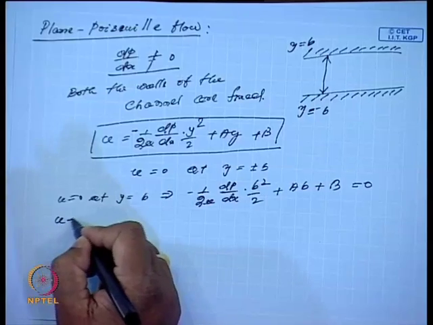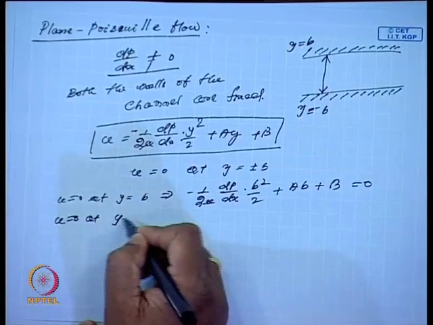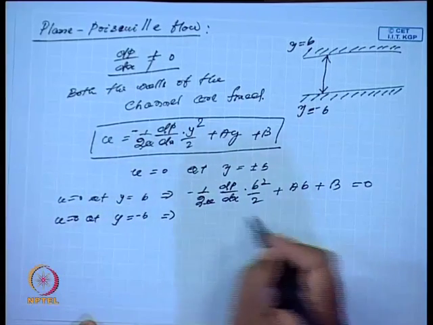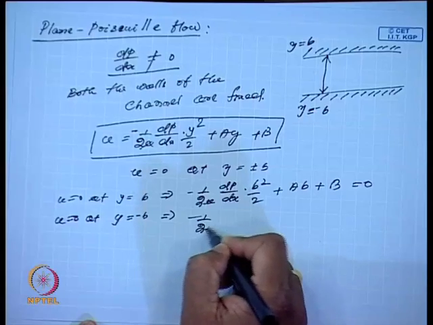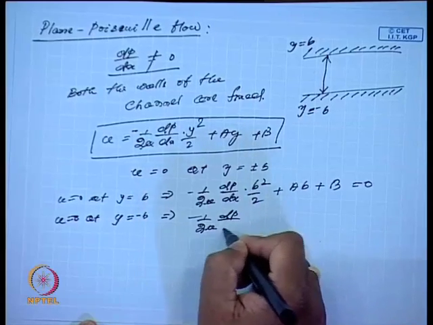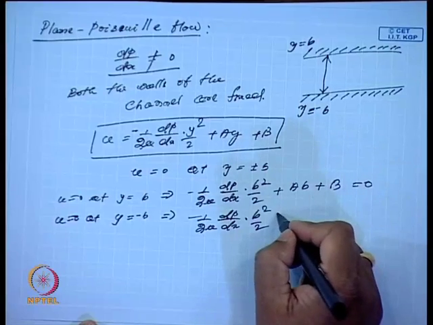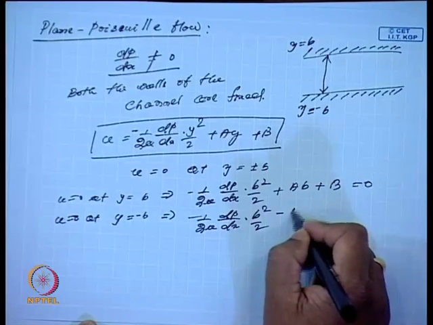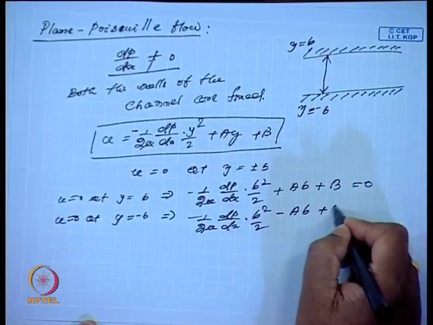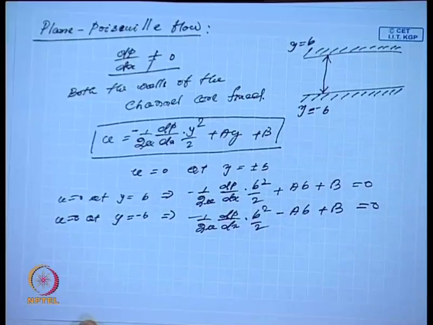Then u is equal to 0 at y equal to minus b gives minus 1 by 2 mu dp by dx into b square by 2 minus a b plus b equal to 0.